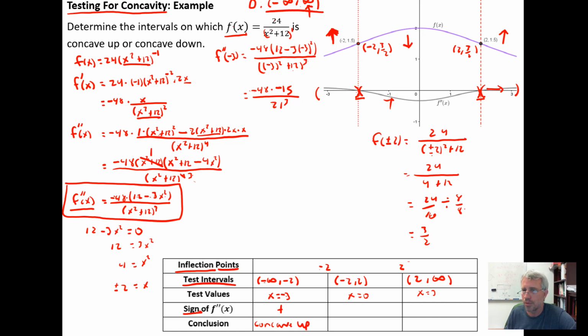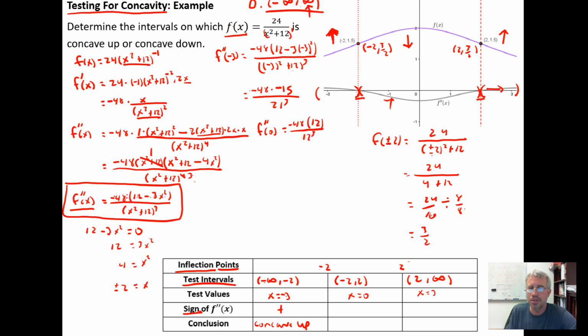Now I take x equals 0 on the open interval from negative 2 to 2, and I plug that into my second derivative. So f double prime of 0 equals negative 48 times, when I plug it in, 12 minus 3 times 0 squared is just 12, divided by 0 squared plus 12 is just 12 cubed.